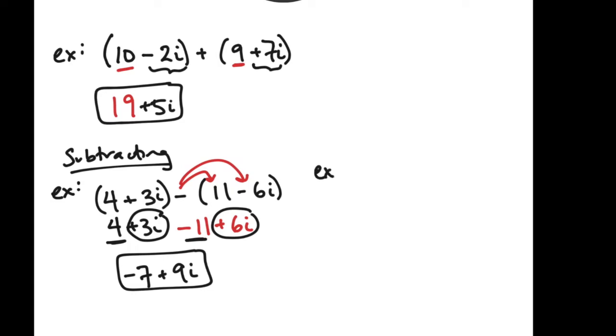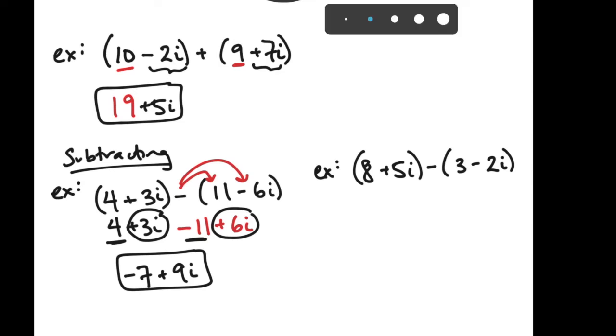Let's try another. Let's do 8 plus 5i minus 3 minus 2i. Again, I like to distribute the negative out to the terms after it.